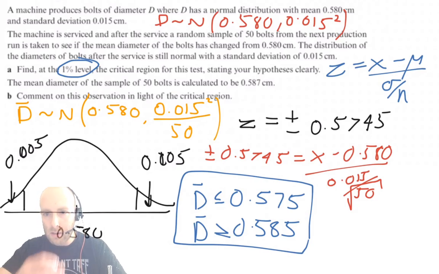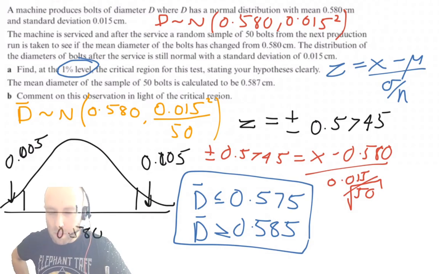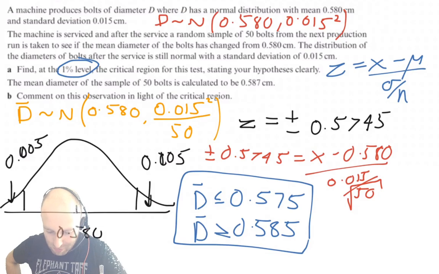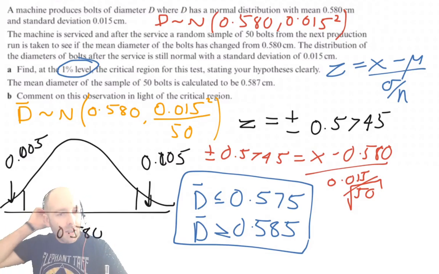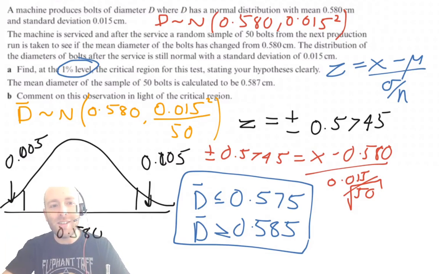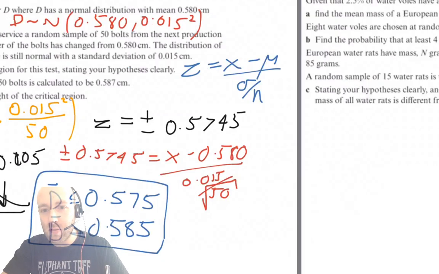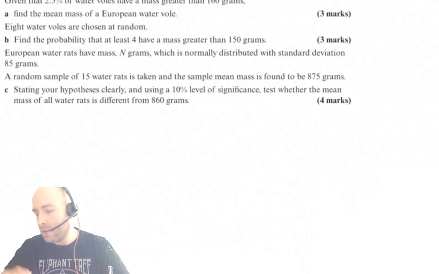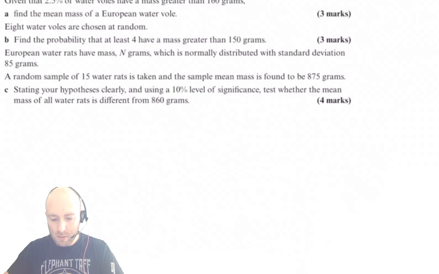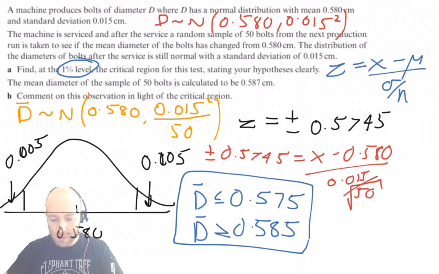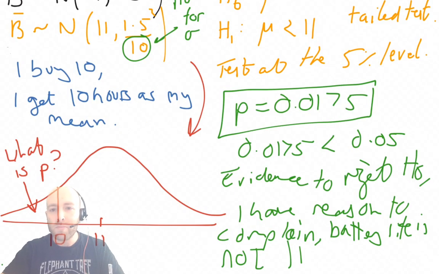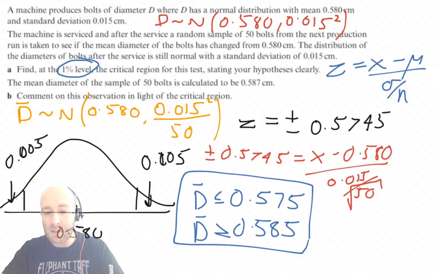So we actually get, this is interesting, 0.0057, it changes nothing. Answer's still the same. That 50 and root 50 didn't affect anything at all. Sometimes it doesn't actually have that big effect, so it didn't matter in this case.